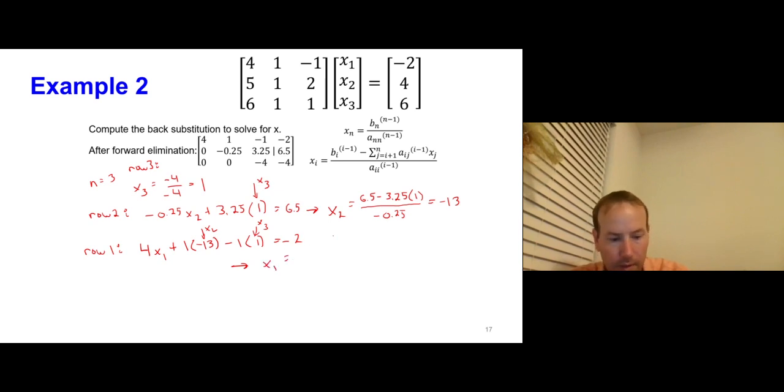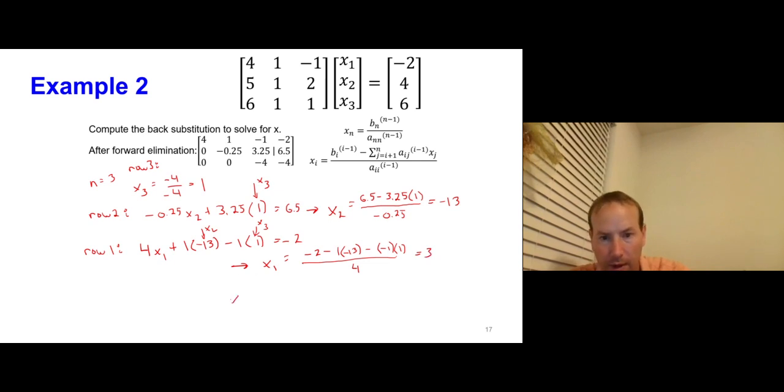We find that x1 equals negative 2 minus 1 times negative 13, minus negative 1 times 1, and we divide by the coefficient in front of the x1, which is 4. That gives us 3.